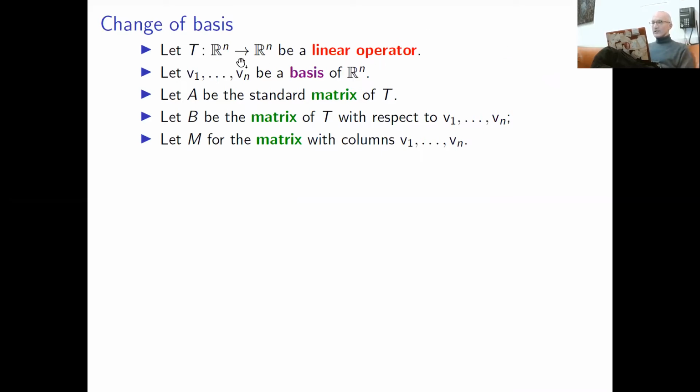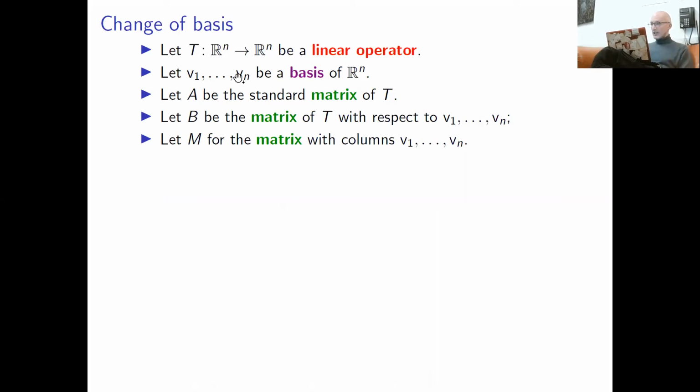So let me recall that if we have a linear operator T that maps vectors in n-dimensional space to n-dimensional space, and if we fix some basis of n-dimensional space v1, v2 up to vn, then we can relate two matrices to this linear operator. One is called a standard matrix.